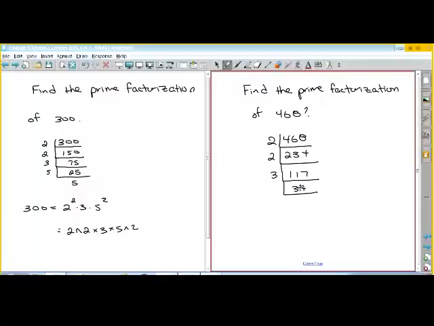Is 39 divisible by 3? It is, because 3 plus 9 is 12, which is divisible by 3. So I can divide that by 3, and I get 13. So you guys are right. 468 is equal to 2 squared times 3 squared times 13. That's the prime factorization of that number.